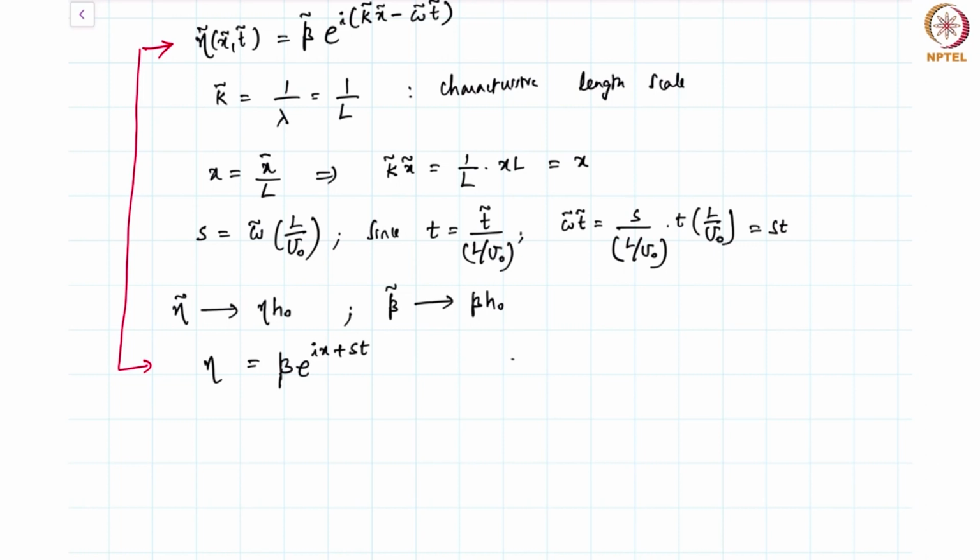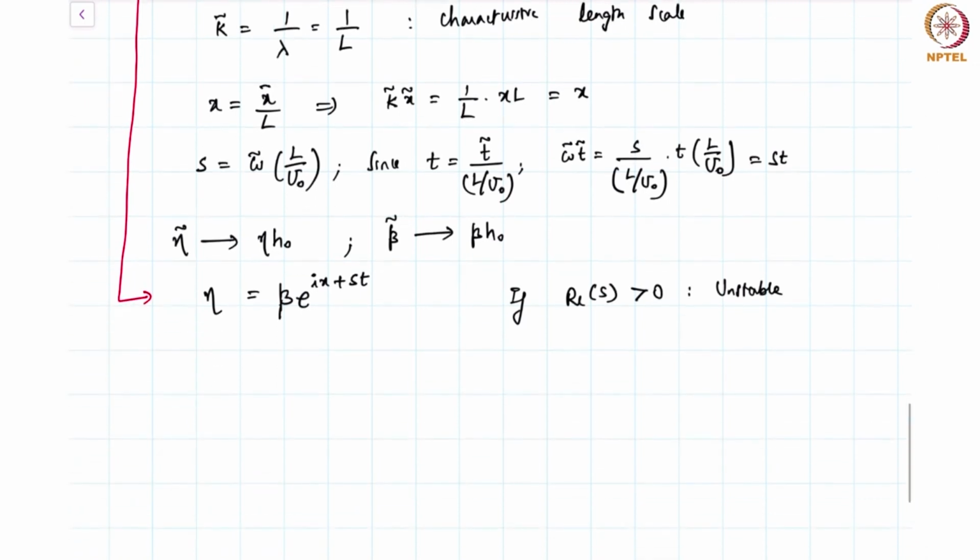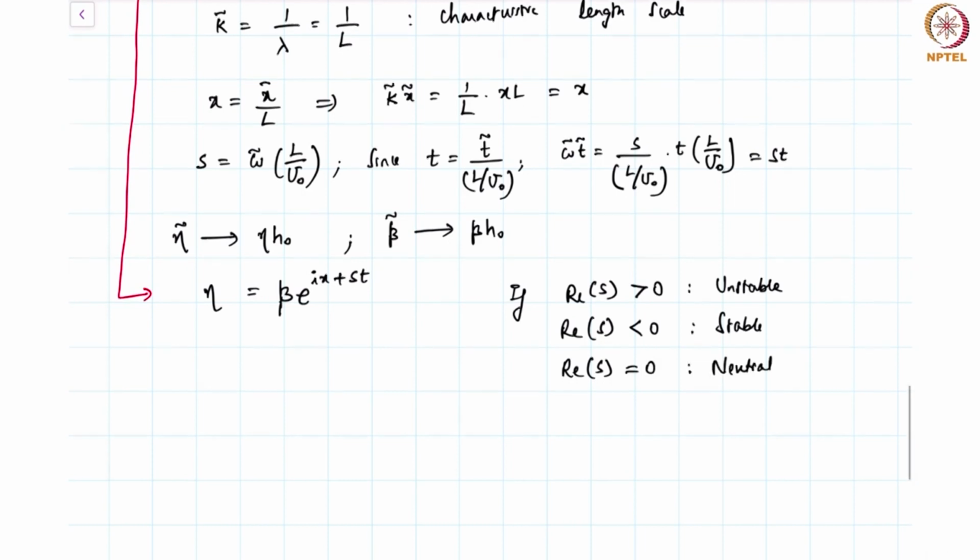Now notice that if the real part of s is greater than 0, then we have an unstable state. If the real part of s is less than 0, it is stable, and if the real part of s is equal to 0, then we have a neutral stability, right?